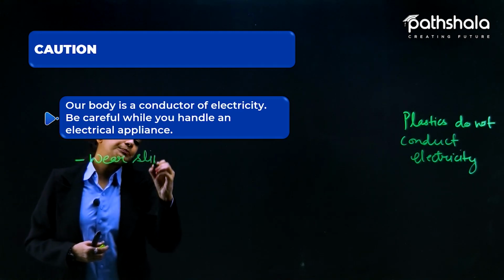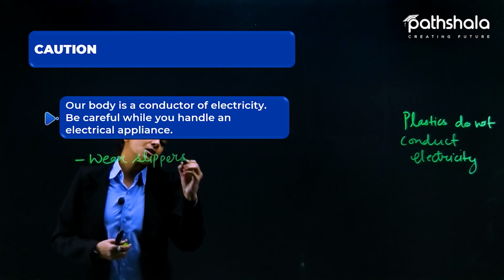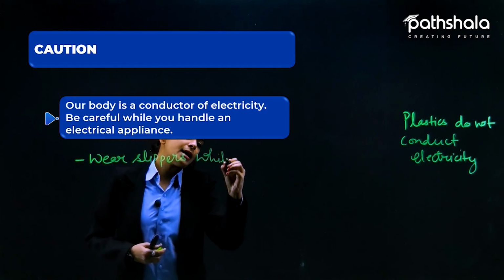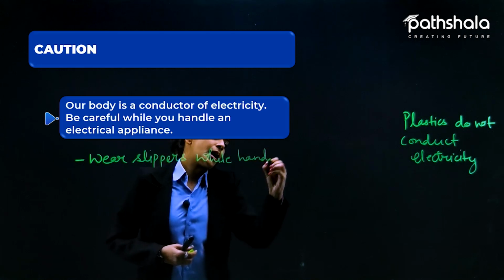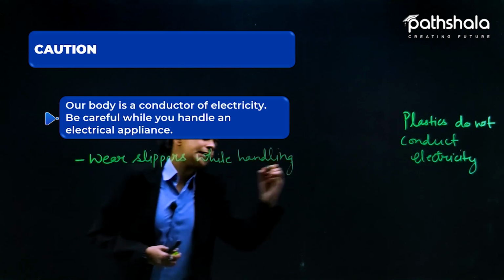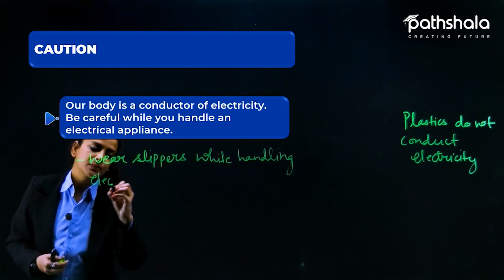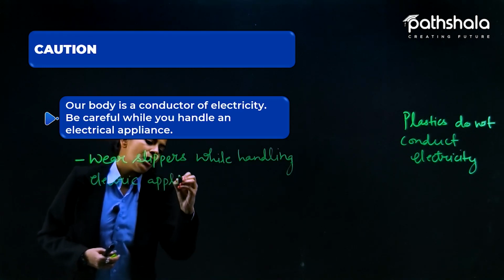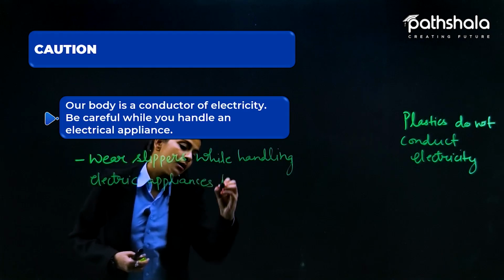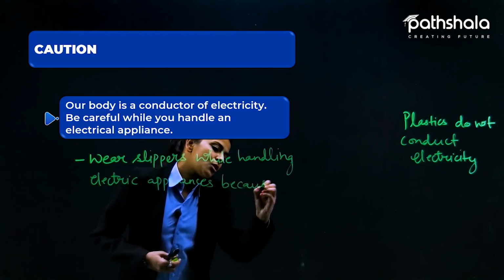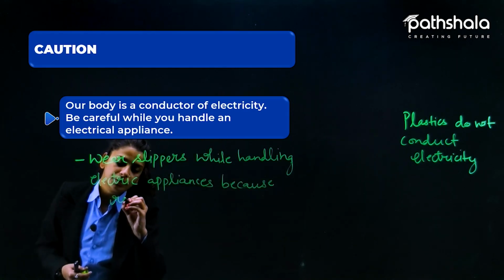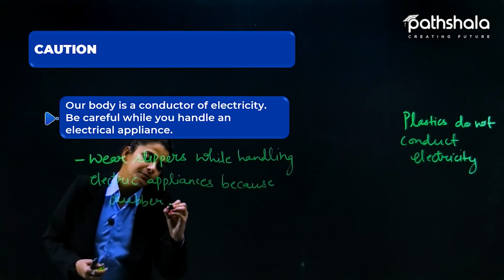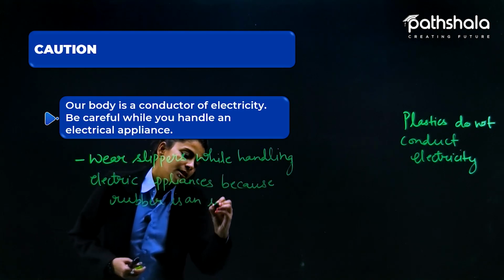Wear slippers while handling electric appliances. And why is that? Because rubber is an insulator.